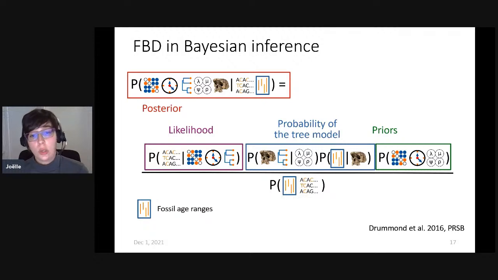So there's no particular weight given to any part of the range compared to another. But so that's a way to integrate the fossil age uncertainty essentially into the inference and to account for it without having to make decisions about where the fossil ages really lie within the range.